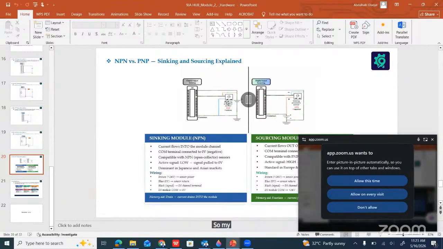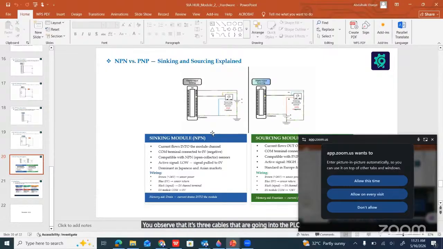So my question is, I saw this battery symbol here. I understand that it indicates a power supply, like a 24 volt power supply somewhere. I understand that. Now, I also want to understand this, because most times when you see a connection to the PLC, a sensor connection, be it like in this scenario a PNP sensor being connected to a PLC, you observe that it's just three cables going into the PLC.